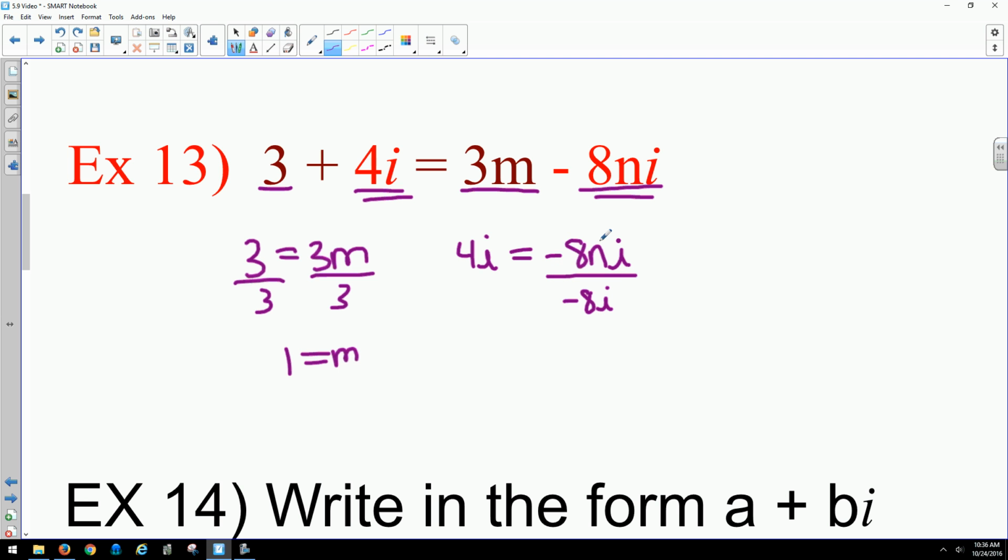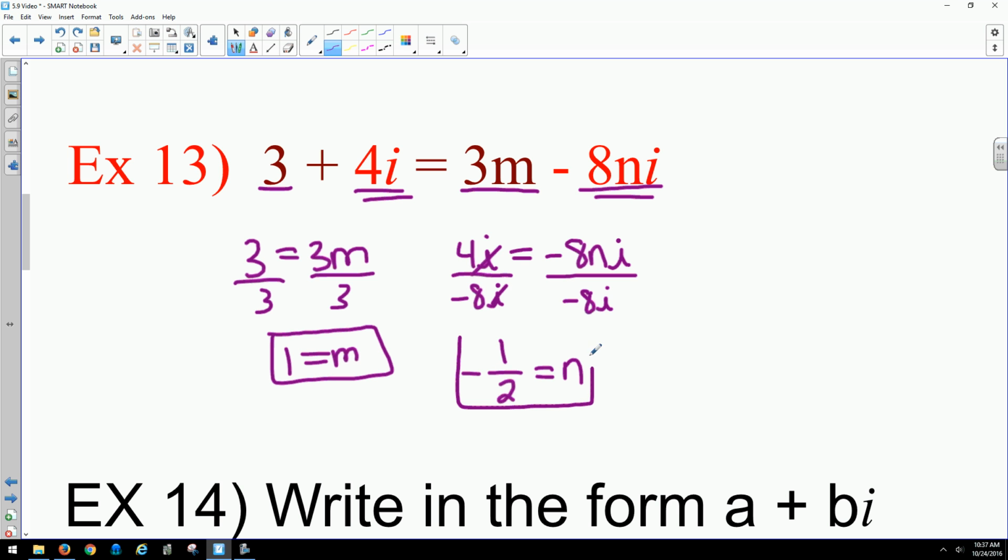I want to get rid of everything I'm multiplying n by and reduce. So the i divides into itself, and I'm going to reduce 4 over negative 8. Don't switch those. Don't put the negative 8 in the numerator in your mind. So this reduced becomes negative 1/2. And that's what n is. Okay, so that's our answer, m and n.